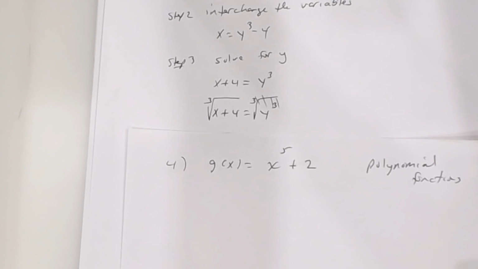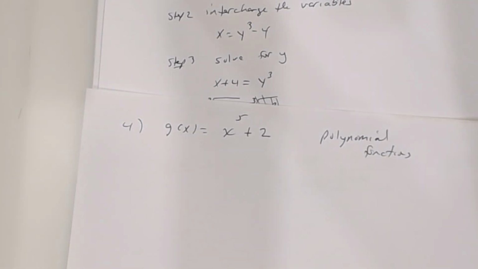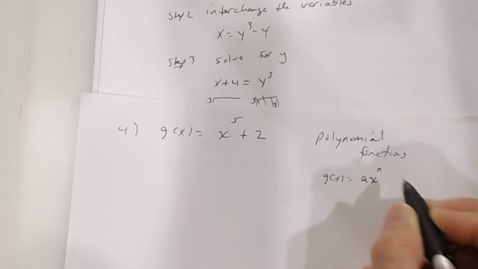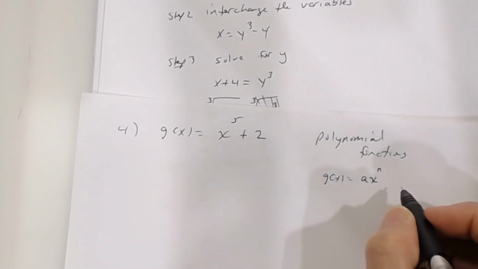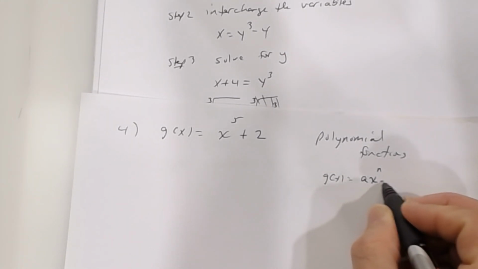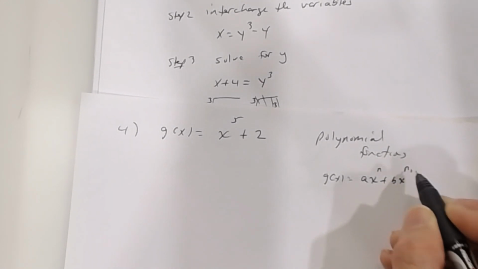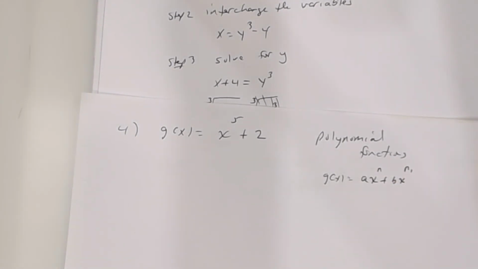All right, let me just tell you what a polynomial function is. When we graphed linear functions, that was considered a polynomial function. When we graphed quadratic functions, that was considered a polynomial function. When we graphed cubic functions, that was considered a polynomial function. A polynomial function has this form: g of x equals some number times x to the n power, where n is a whole number, plus some number times x to another power, and so on.